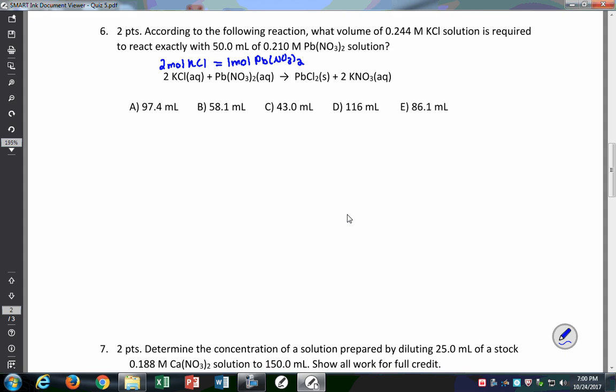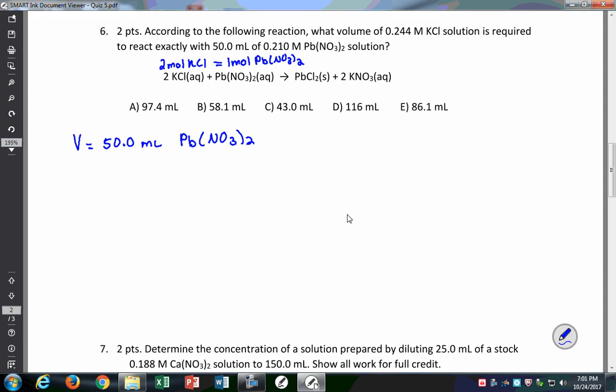We can, because we know our volume of our PbNO3 solution. So we have 50 milliliters of a solution of PbNO3. We put that in a flask. Of that 50 milliliters, we have some water, we have some PbNO3.